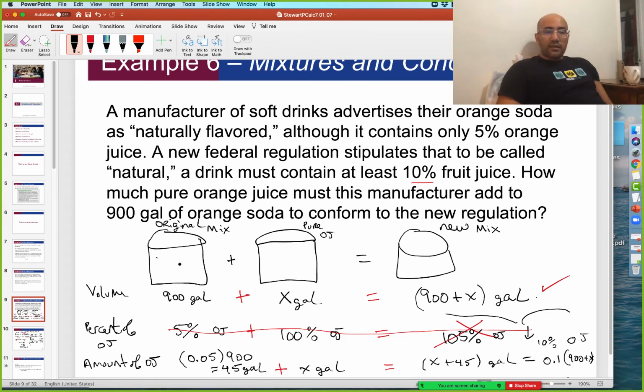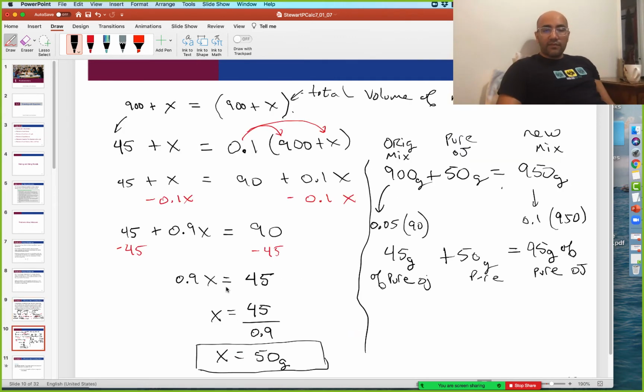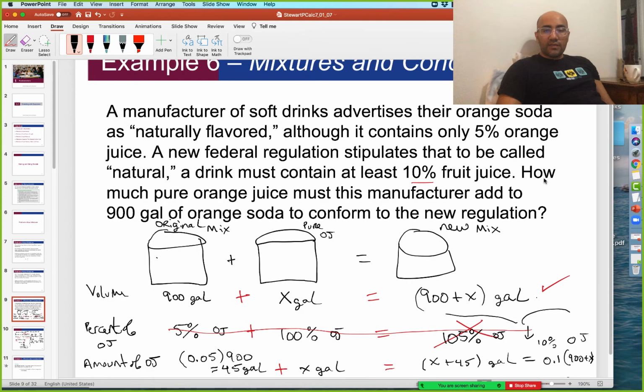They could have said that they're going to remove some amount of gallons from this one. Maybe the container can only hold 900 gallons, right? The answer to this was add 50 gallons and it's already filled to the very brim.